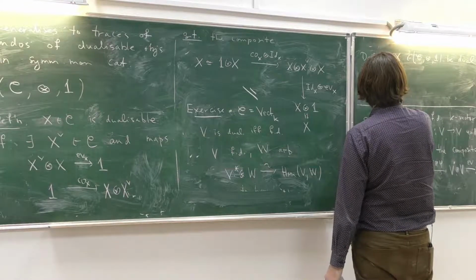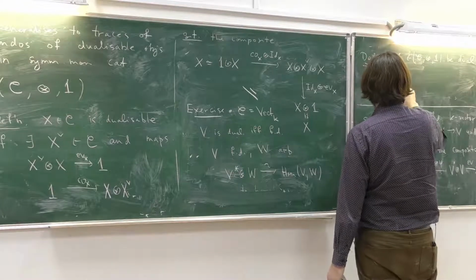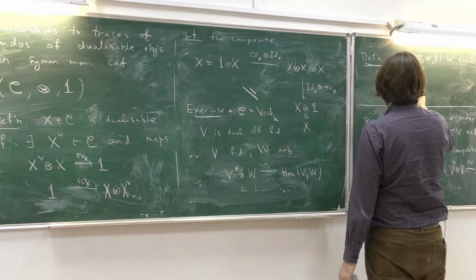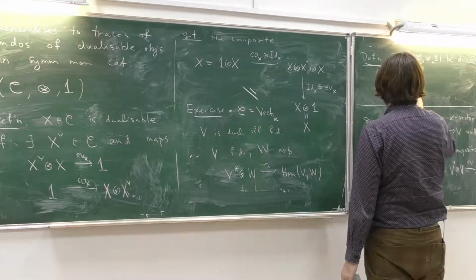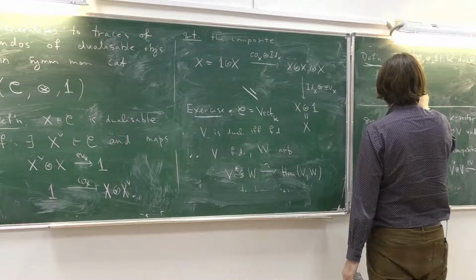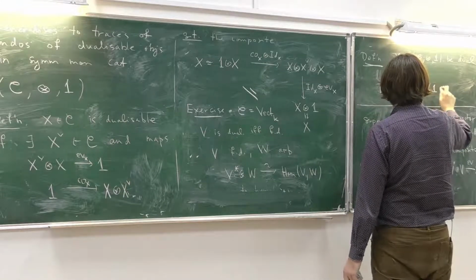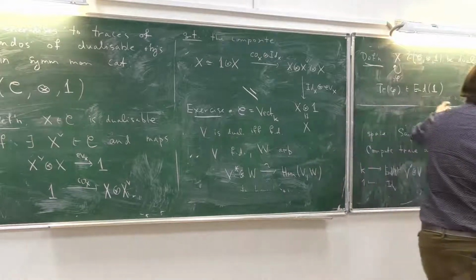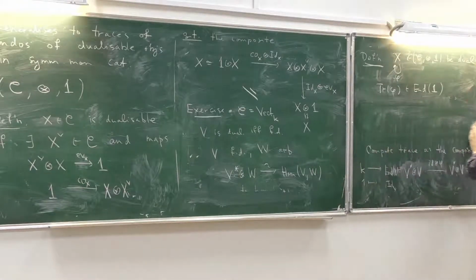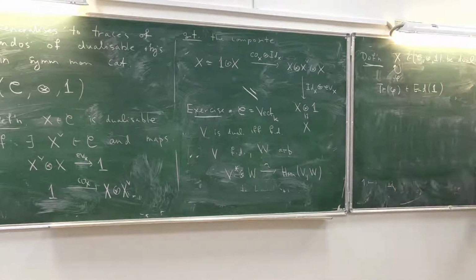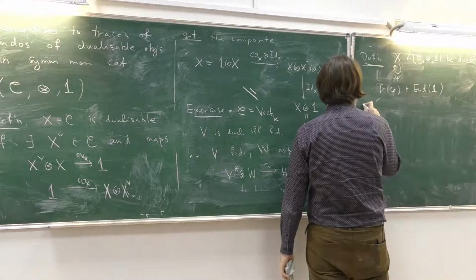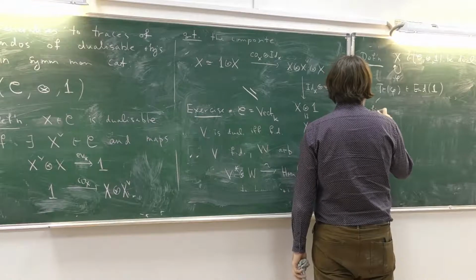Then the trace of phi is an endomorphism of 1, and it's given as a composite.